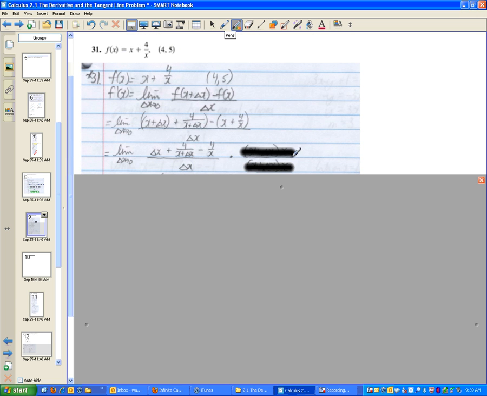So that and that give me a 0, so I copy down the delta x, I copy down the 4 over x plus delta x, and I copy down the 4 over x, but it's not really a 4 over x, it's really a negative 4 over x. And we still have delta x as our denominator.